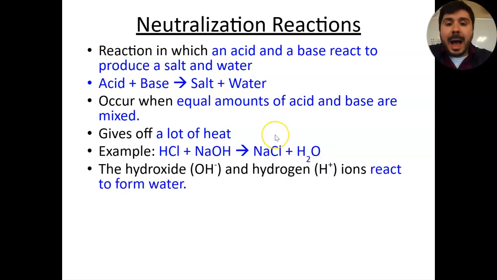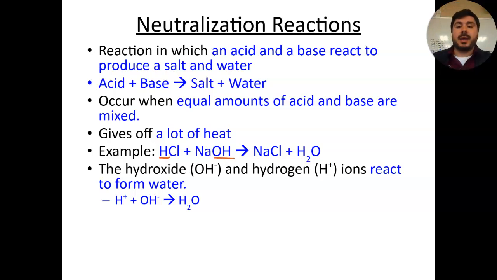Now, how does this break down, right? How are we able to just instantaneously say that combining HCl and NaOH produces NaCl and H2O? How do we get to that point? Well, it's pretty simple. Whenever you look at these reactions, the H from HCl, your acid, and the OH from your base, in this case NaOH, are always going to come together to form water every single time.